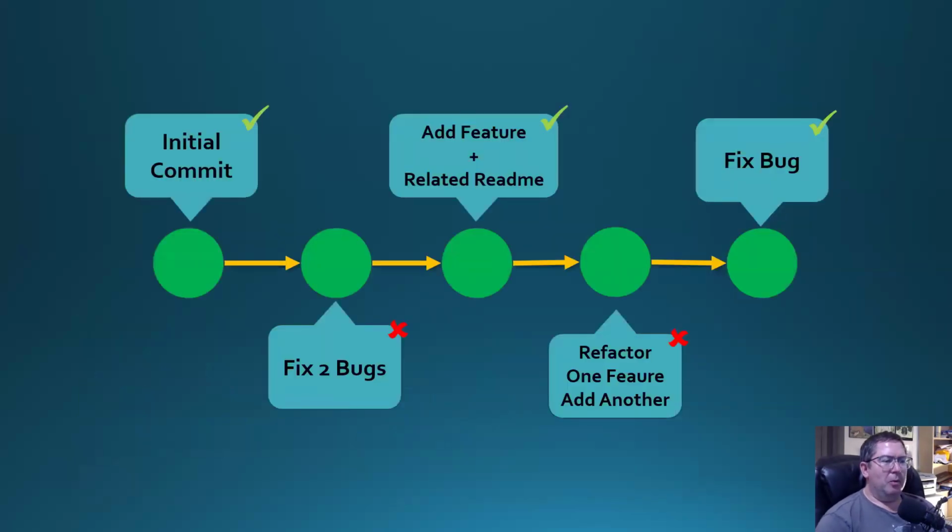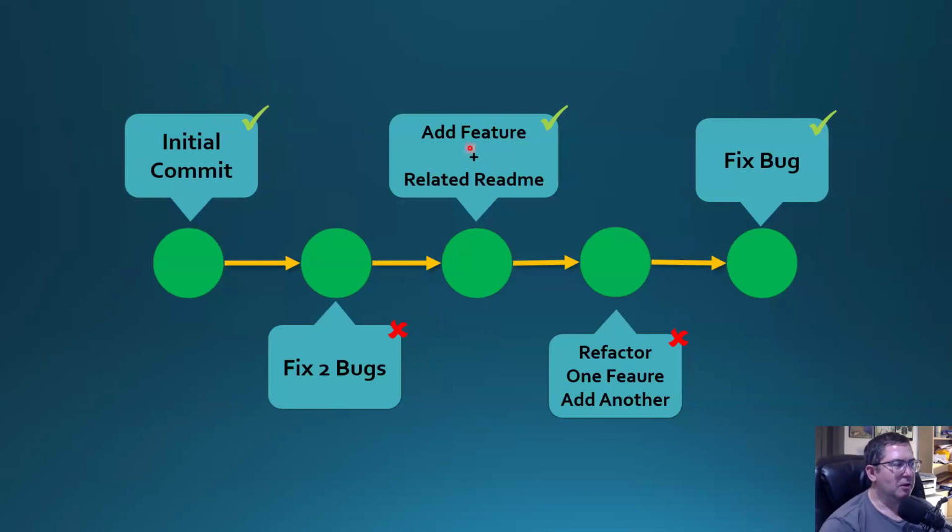A good rule of thumb with Git is to make each commit a single, motivated, self-contained, and meaningful change. Every commit should represent one logical step toward your overall goal. So you would have an initial commit, often a node where you start your repository.